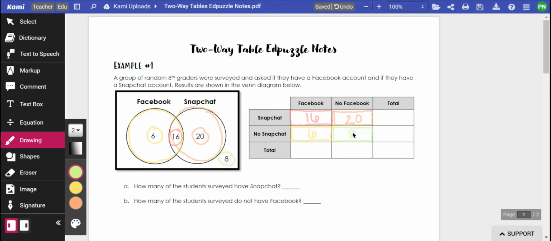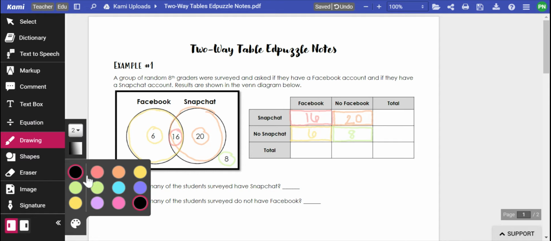And now to get our totals over here, we're just going to add. So a total of how many people have Snapchat. Doesn't matter what the categories are for Facebook. So whether they do or don't have Facebook, it doesn't matter. I'll do this with maybe blue.